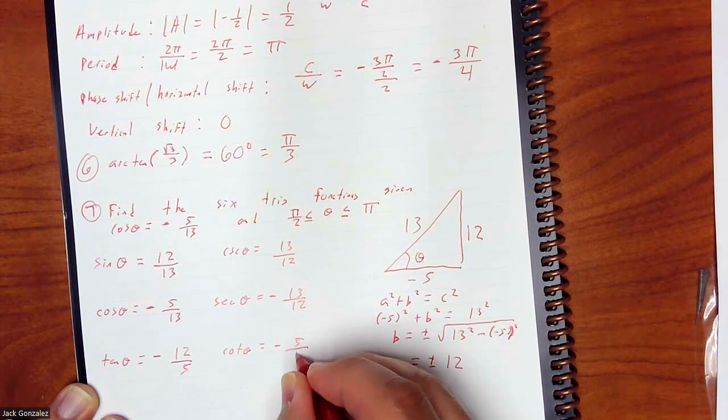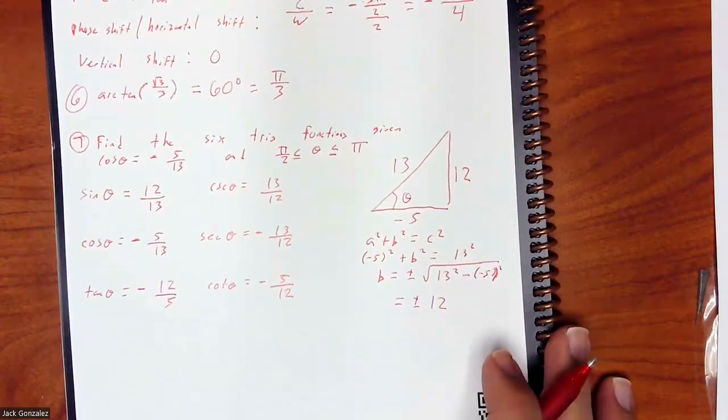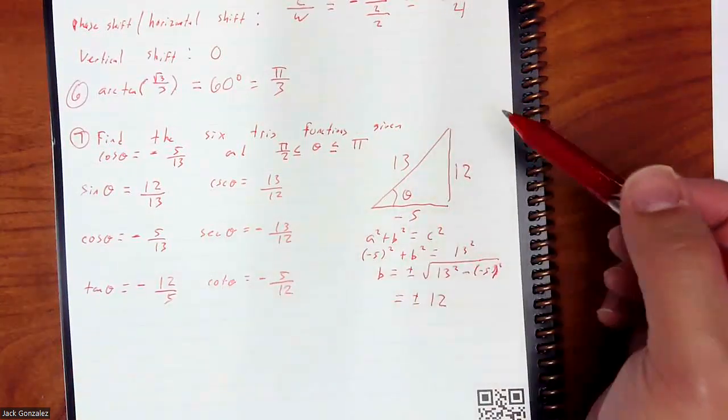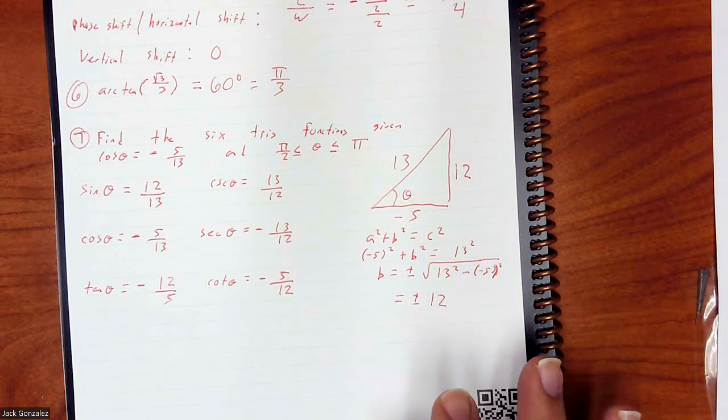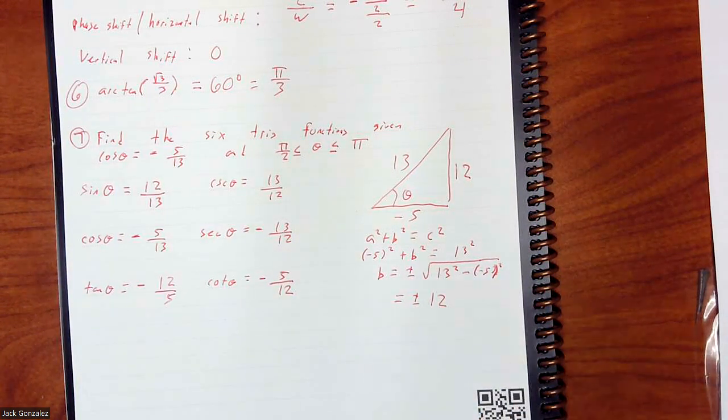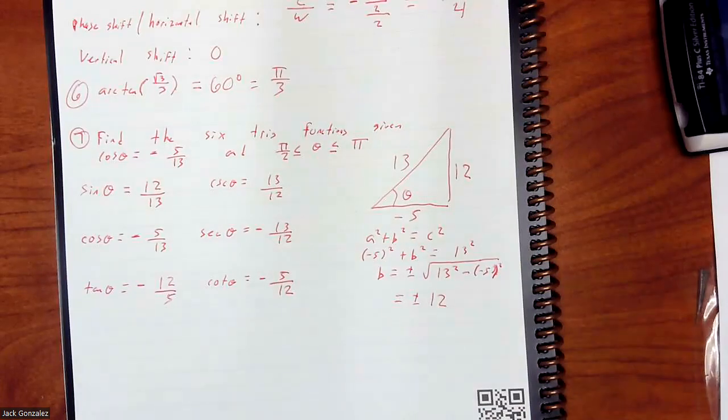Any questions on number 7? If you use your formulas instead of the triangle, that's fine. But make sure you chose the right sign. You could have used sine squared plus cosine squared equals 1. You would have ended up with the same thing. That's cool on 7. Just let me know. All right, I'll turn the page in a second.